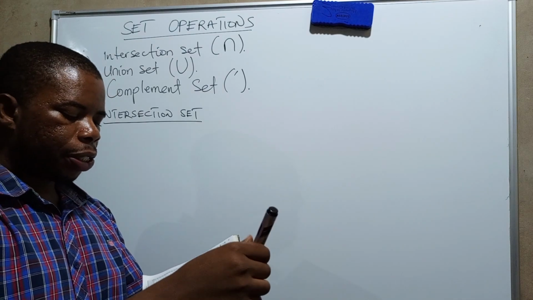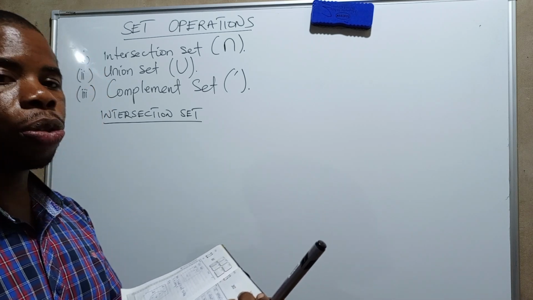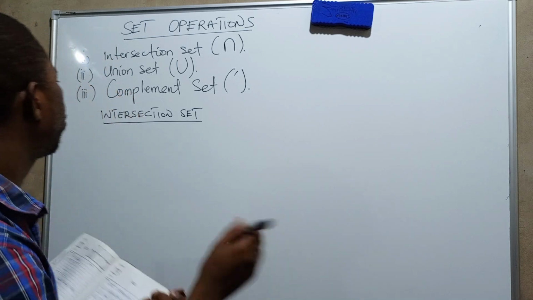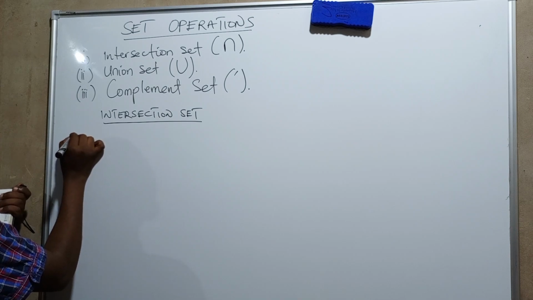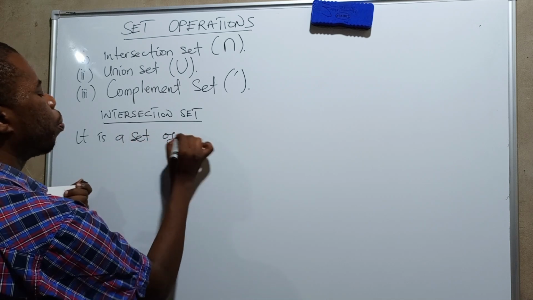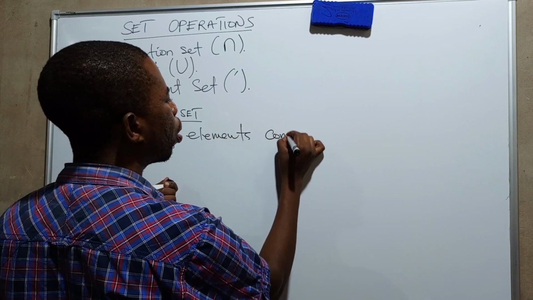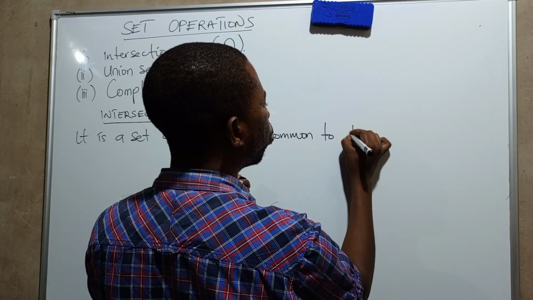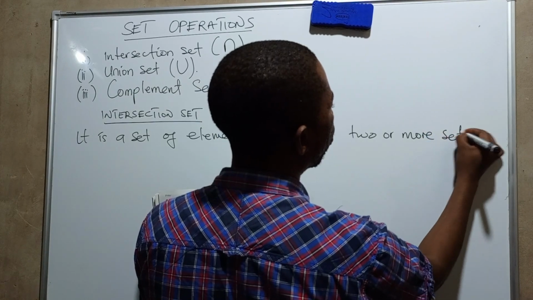An intersection set is a set of elements which appear in both sets, or a set of elements common to two or more sets.